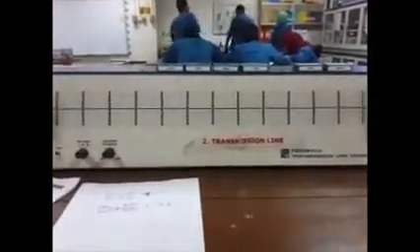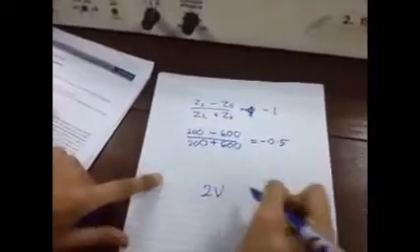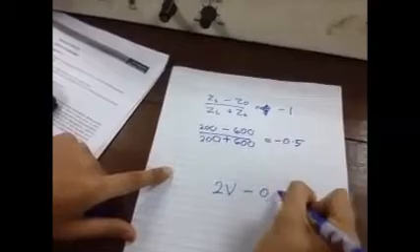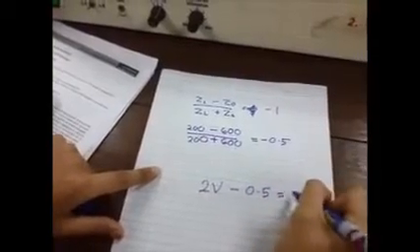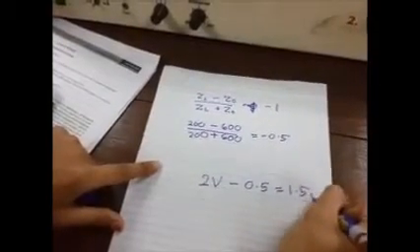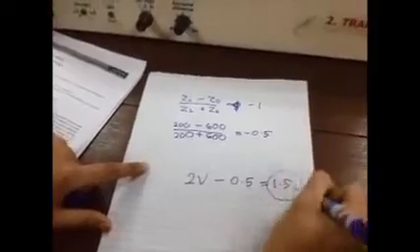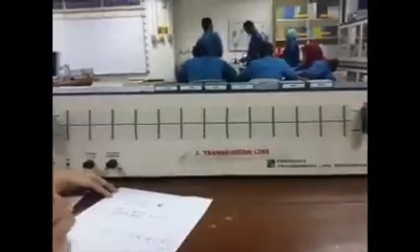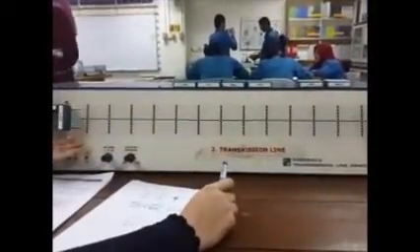So we conclude that 2 volt minus 0.5 is equal to 1.5 volt. This 1.5 volt is absorbed by the ZL. Meanwhile, the other 0.5 was reflected back.